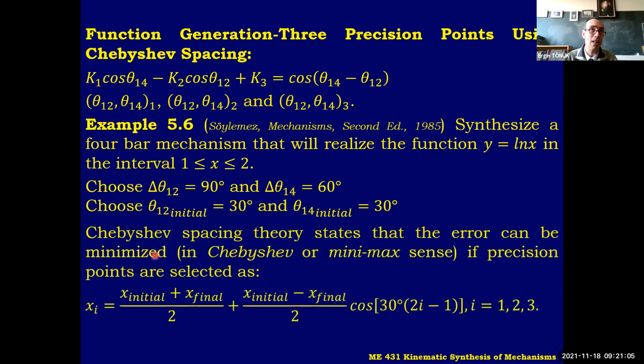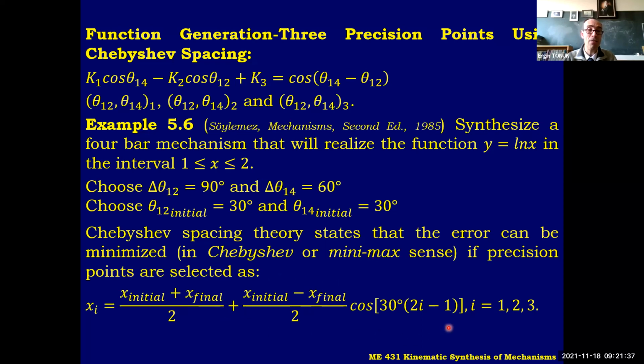This minimum is not an absolute minimum because the procedure is very simple. It's straightforward. It's not even iterative. It's called minimax. We select the precision points such that this is, actually, if you like, the displacement or the range, which is 1, which is 2 minus 1. Actually, it's the mean value, 2 minus 1 over 2. So this is the mean value.